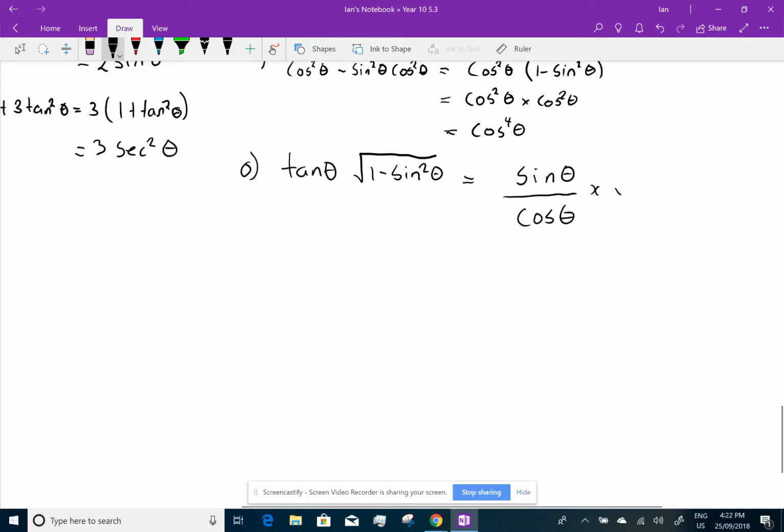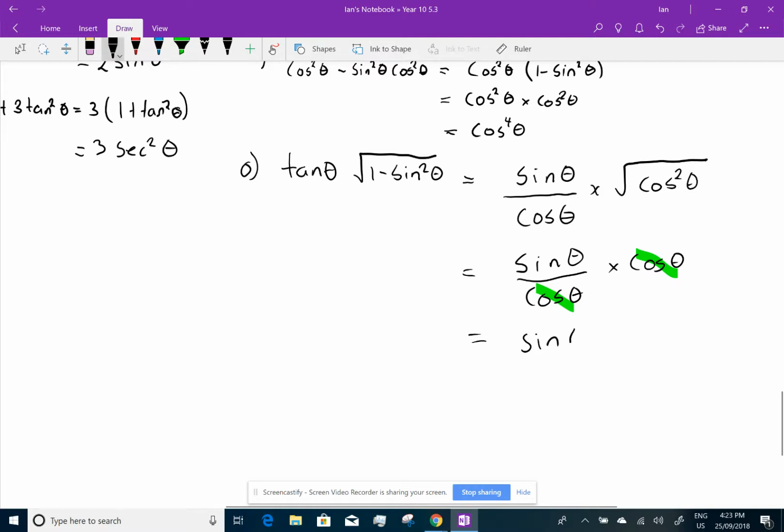And the 1 minus sine squared theta I can write as cos squared theta. Well, that's okay. Sine theta on cos theta. Well, the square root of anything squared is just itself, so that's times cos theta. And now the coses cancel, leaving me with just sine theta.